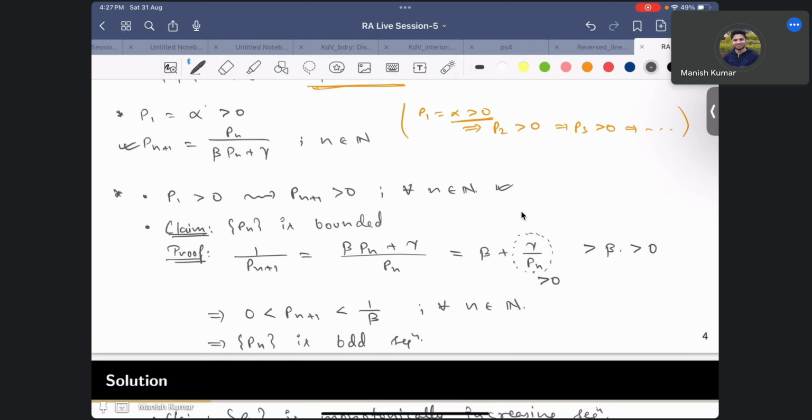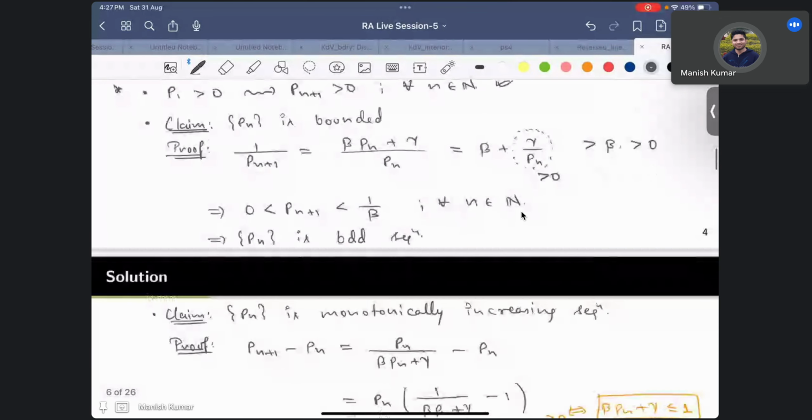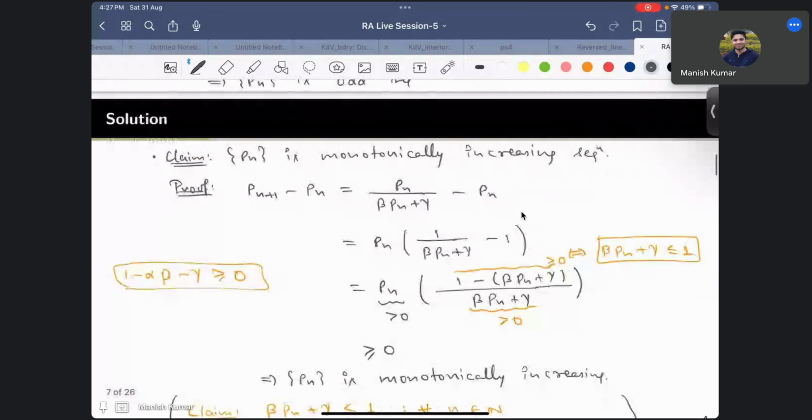Another place is where the fact that alpha beta plus gamma less than or equal to 1 is being used, because I use that fact to prove that beta Pn plus gamma is less than or equal to 1 for all n.